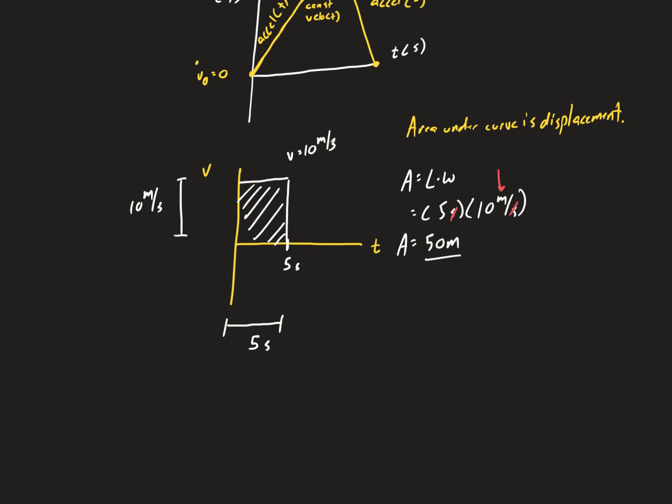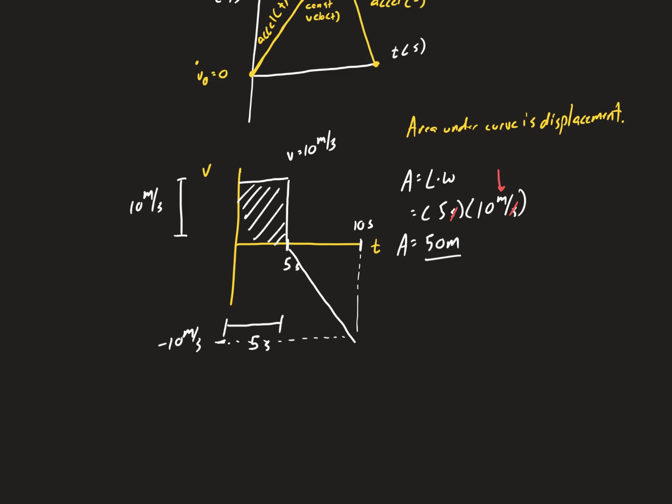Cool, cool. Well, what if an object has a negative acceleration? So here's how we'd be able to handle this. Let's say it took another 5 seconds for the object to reach it here. And now I have this velocity over here. Let's call this negative 10 meters per second. That's what this value would be here.